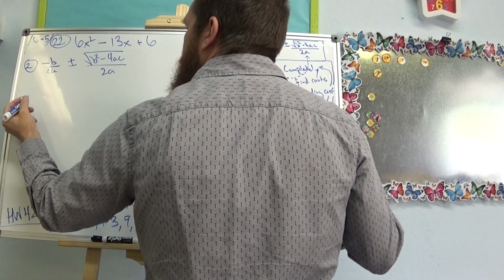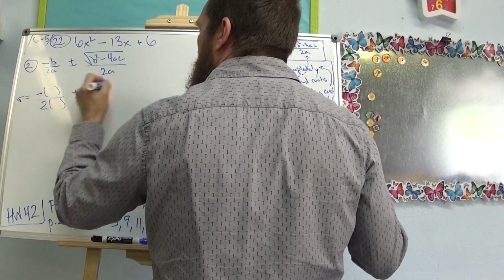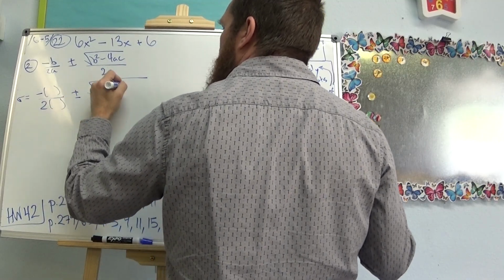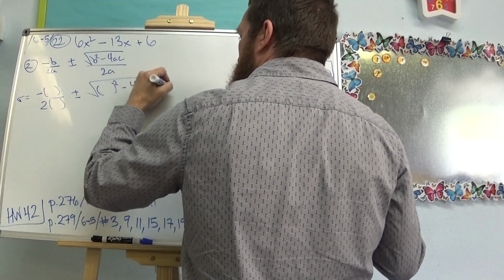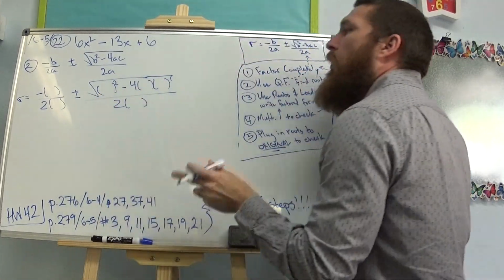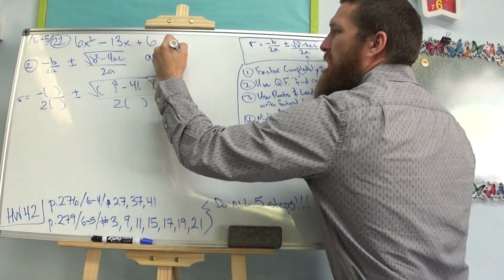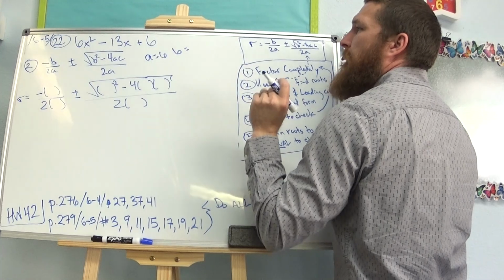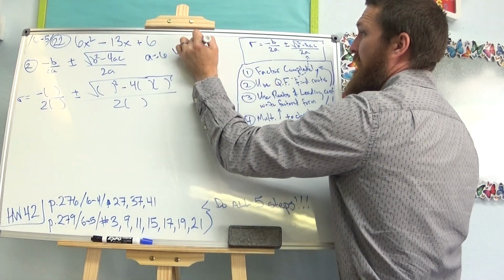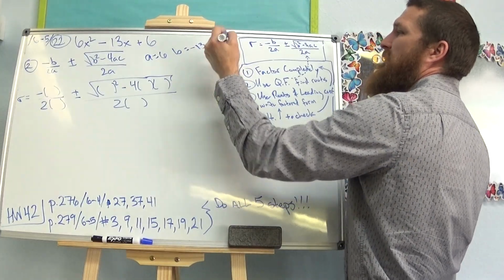These are the roots. And that's a negative something over 2 times something, plus or minus the square root of something squared minus 4 times something, all over 2 times something. Now, what's a? 6. A is 6. What is b? Negative 13. Careful. And then c is? Positive 6. Positive 6.